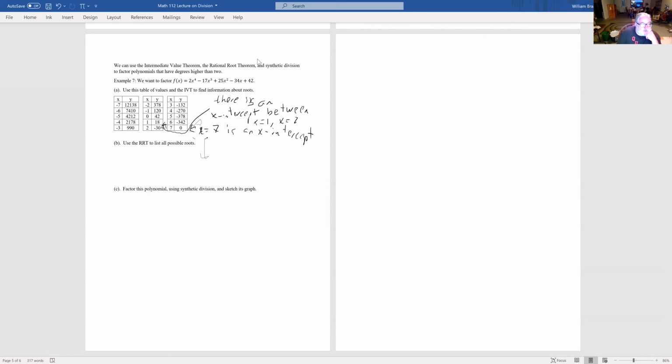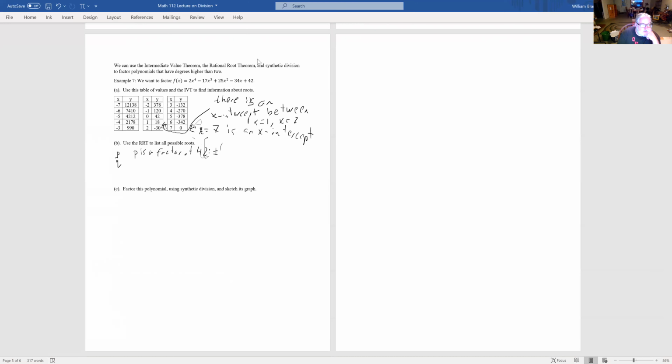Rational root theorem, what's all the possible roots? This is looking for roots of the form p over q. So this should say all possible rational roots. P, the numerator, is a factor of the constant term. Right? And the constant term is 42. So what are the factors of 42?